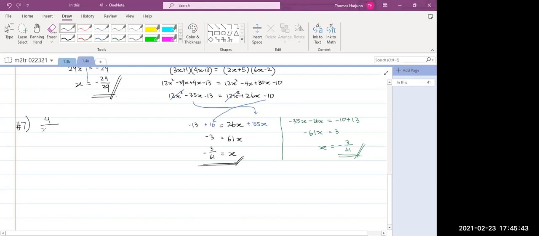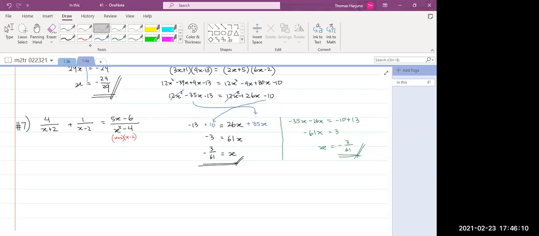4 over x plus 2 plus 1 over x minus 2 equals 5x minus 6 over x squared minus 4. I will factor this x squared minus 4 first. That's x plus 2, x minus 2. Okay, now I see the LCD is x plus 2, x minus 2.